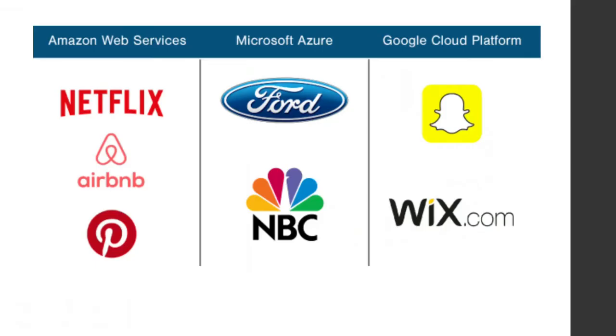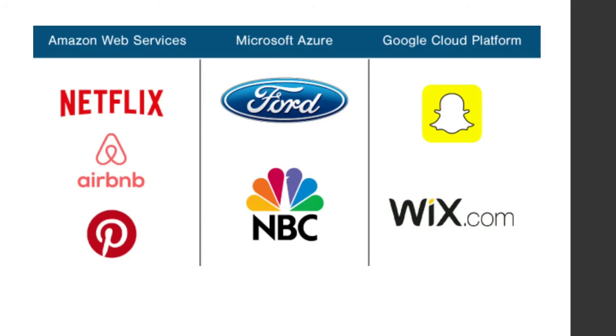These are some examples of products from each cloud provider. Netflix, you know all about Netflix, right? Netflix is running on top of Amazon Web Services. In the same way, Airbnb and Pinterest are running on top of Amazon Web Services. On Azure, Ford and NBC are running.